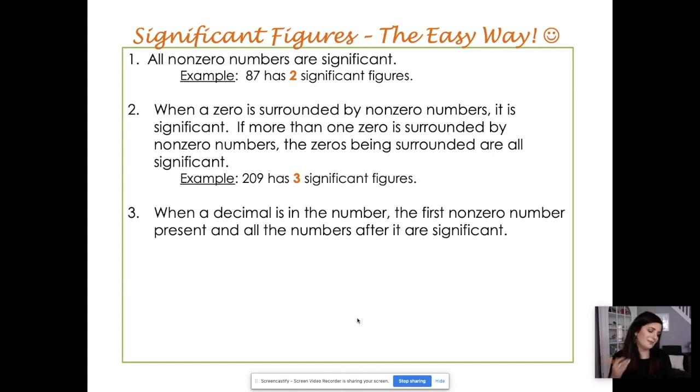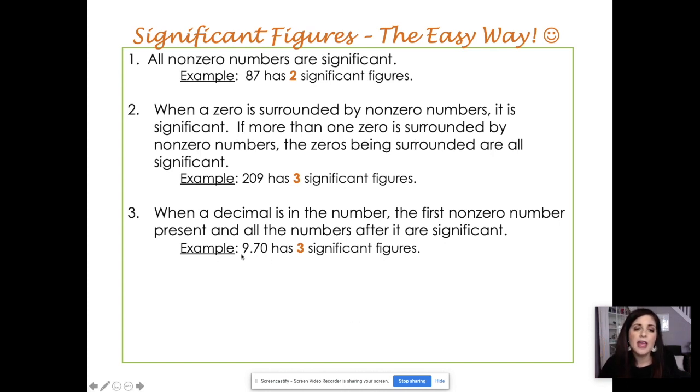So if I have 9.70, the length of the pencil is 9.70 centimeters. My first number that's not a 0 is the 9, right here. In this case, everything after this is considered significant. So my 9, the 7, and the 0 is all significant.